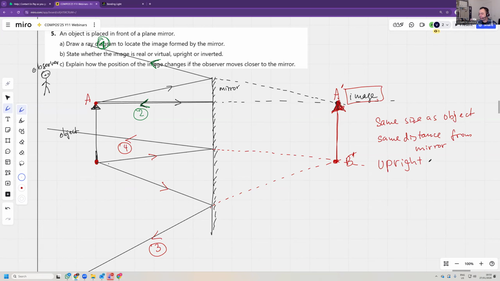Now, it's really hard sometimes to convince yourself that the image is indeed the same size.